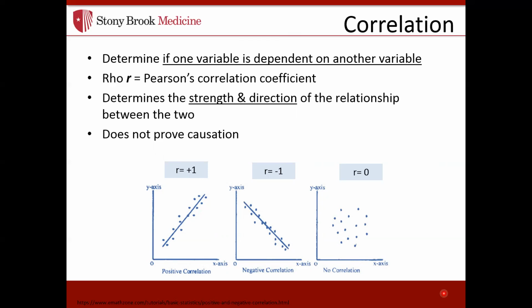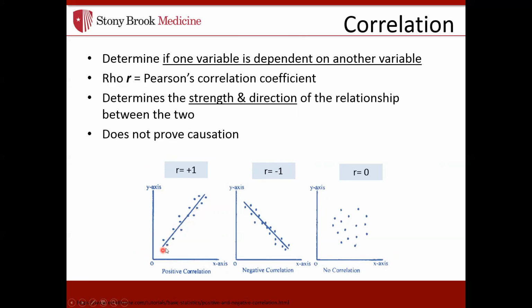Correlations can be positive in effect, or it could be negative, or there could be no effect at all, or no correlation at all. If you look at the positive correlation, so if you look at rho above the first graph, it is +1. The correlation is positive.